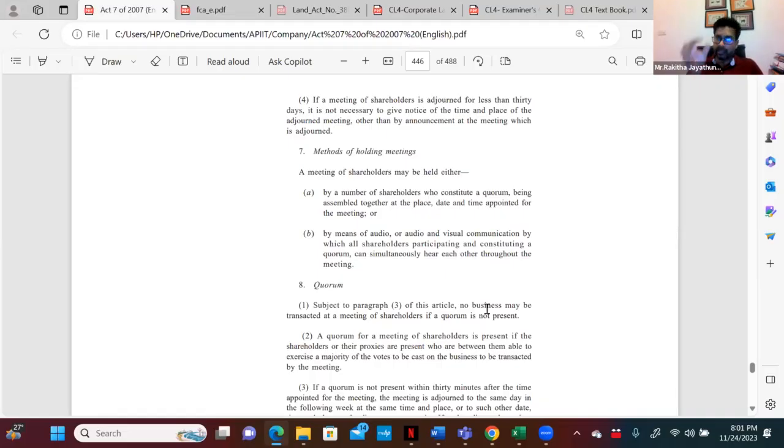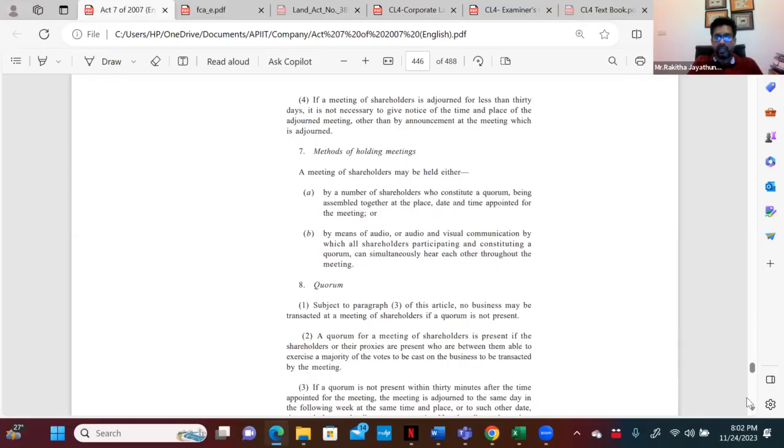If the constitution says you have to have 3 shareholders to satisfy the quorum, if you have only 2, can you commence the meeting? No, you can't. Even though you commence the meeting, whatever business you do, whatever transactions you make, is invalid.